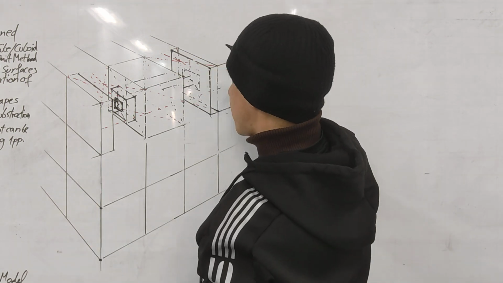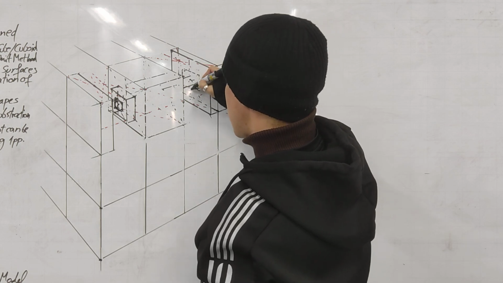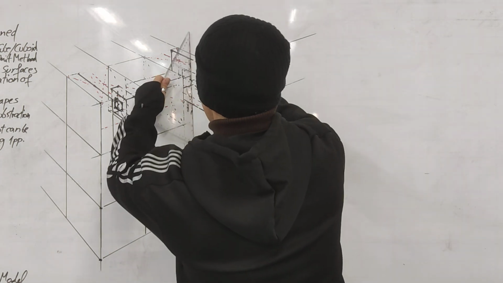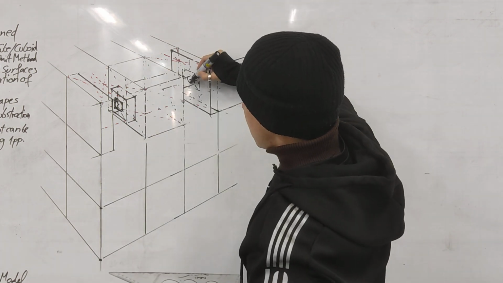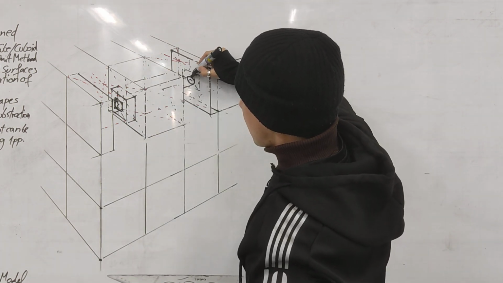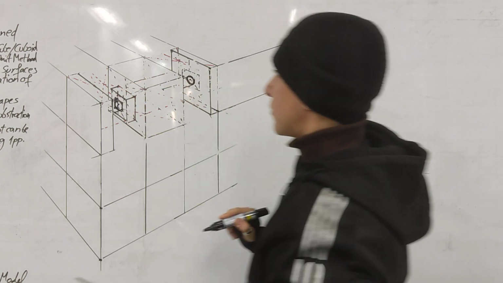I'm just finding the center points by this method. Here and here again, this is the center, and here this is the center. So the circle will basically be in this location with the same tilt, okay?